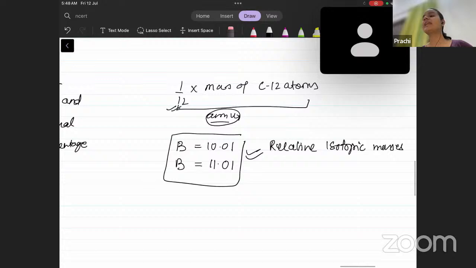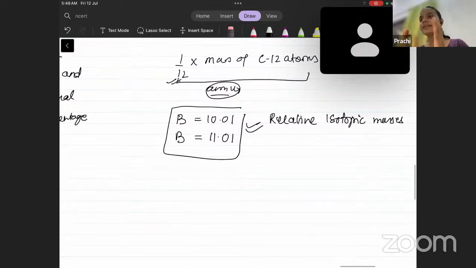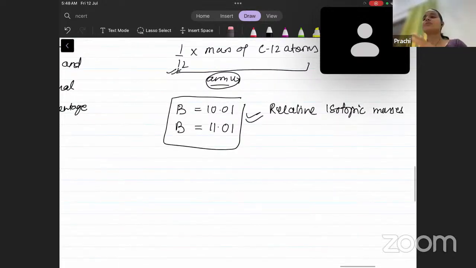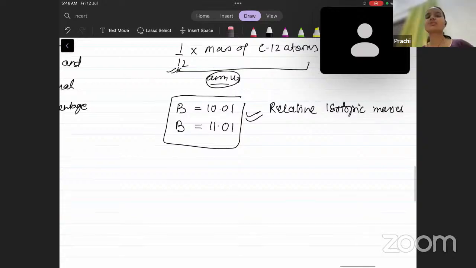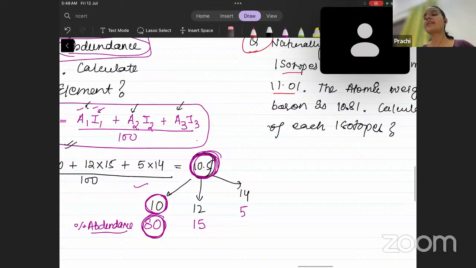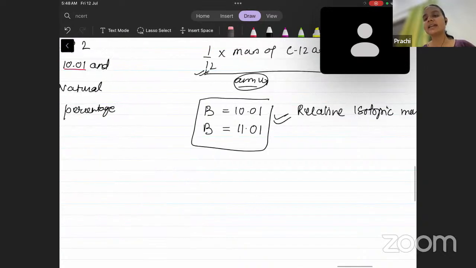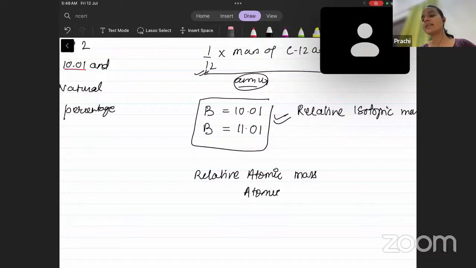Now, when I consider the percentage abundance and the masses of these isotopes, and I take the weight of these isotopes by using this formula, then the mass that I'll get is the relative atomic mass, which is also known as, so simply you can write it as, atomic mass, or we say average atomic mass, right?